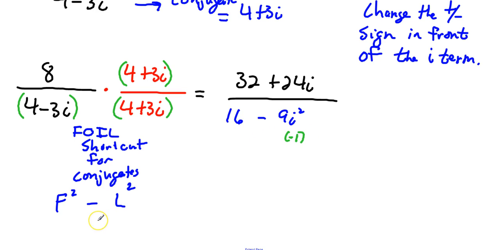If you want to go for a shortcut for conjugates, it's really f squared plus l squared, and you can just get rid of the i part. But that's not really a shortcut. When you go through it, you just realize that you're going to do the first term squared, and eventually you're going to come back and make that a plus second term squared. So that's really 16 plus 9. So that'd be 25.